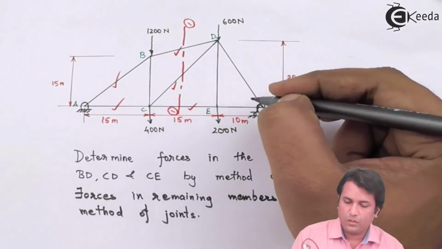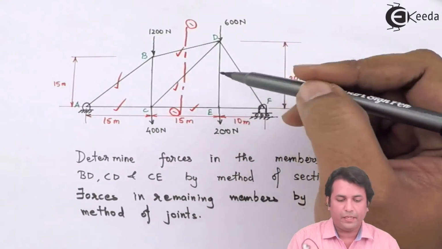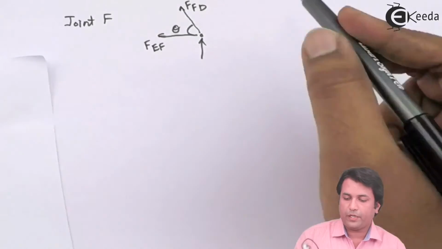Now I'll have to find out this angle theta. Now I know this length is 10 meters and this is 20 meters. So I can apply trigonometric ratio over here.